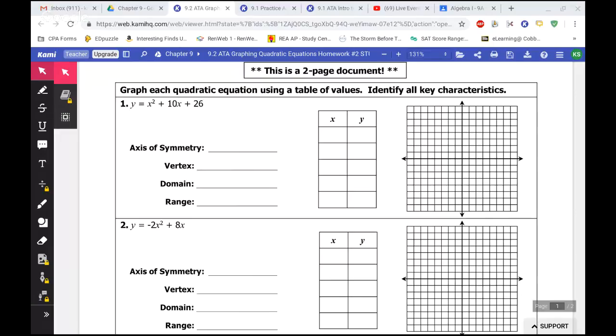All right. So basically, like I said yesterday, we're continuing the concepts that we started working on Monday. Nothing changed with regard to finding the axis of symmetry and the vertex. We just added some additional exercises to do.